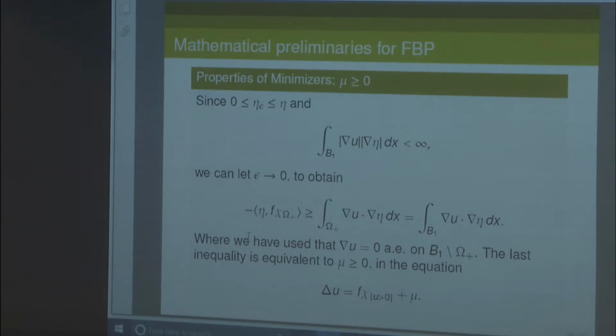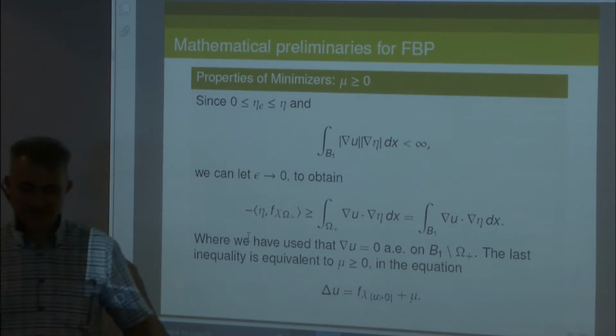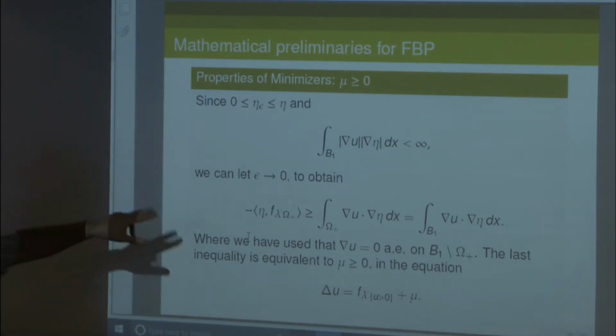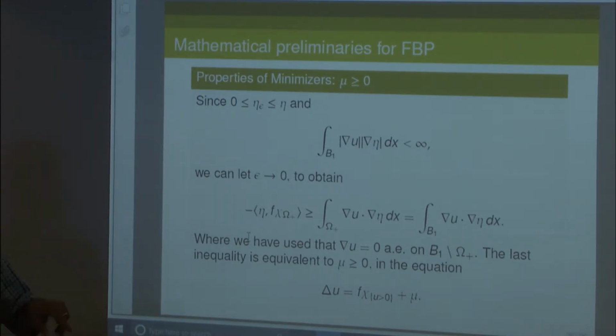U is in W1,2, yes. So the gradient is bounded by applying Holder, and yeah, that's it. Yeah, thanks. So apply Holder, then we get the whole integral is bounded by the L2 norm of the gradient of u and the L2 norm of the gradient of eta. And eta is very smooth, so that's bounded.